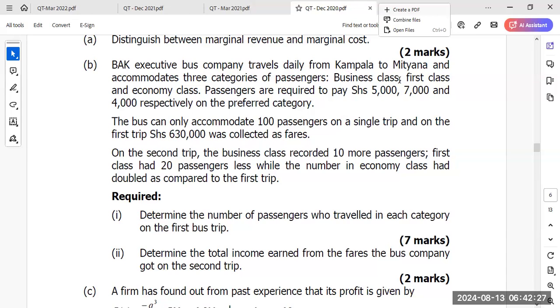Business class, that is the first category. First class, that is the next category. Then the economy class. And remember, on the required part, they are telling us we determine the number of passengers who traveled in each category.